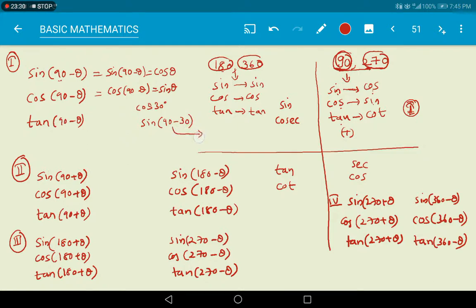If sine of 90 minus 30, we are going to get sine 30. If it is sine 30, what is the value of sine 30? So suppose they are asking cos 60. Cos 60 we can write sine of 90 minus 30.